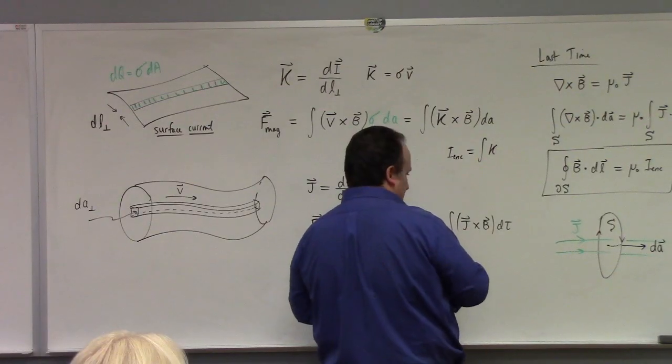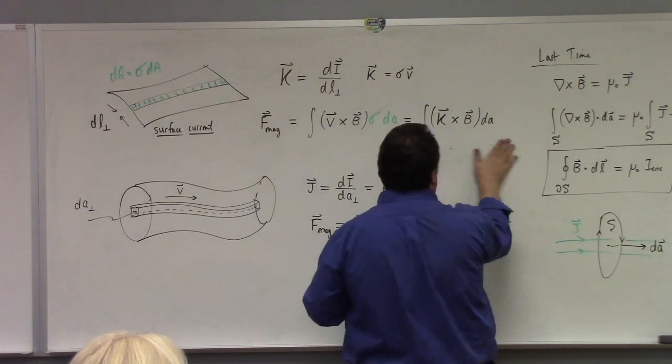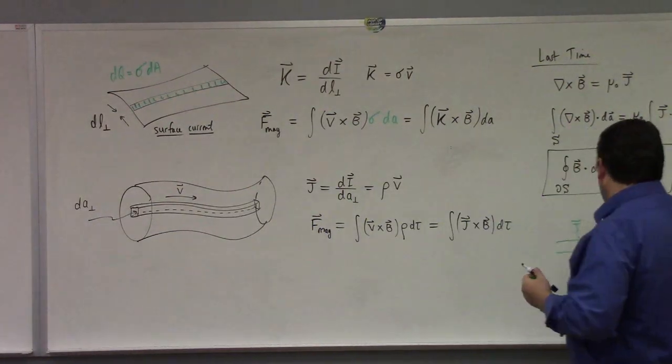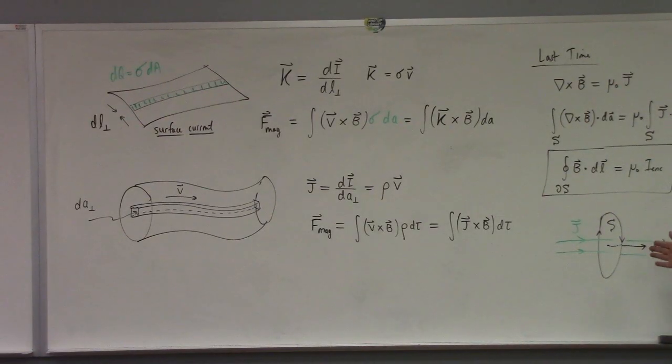I don't have a good example, so let me not spin my wheels in that direction. I'm just trying to say that to actually calculate the current which cuts through a surface, you might have to think about either a linear current, or even a surface current or a volume current.